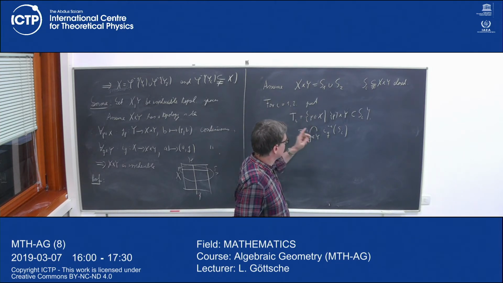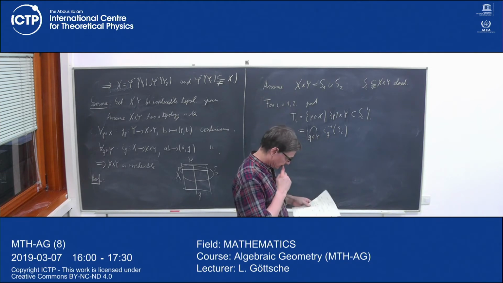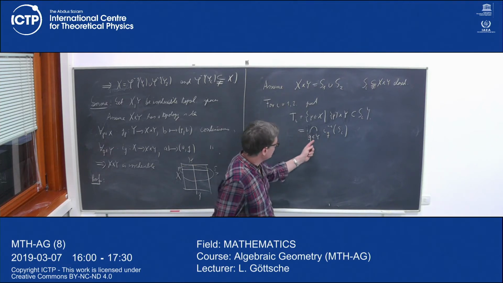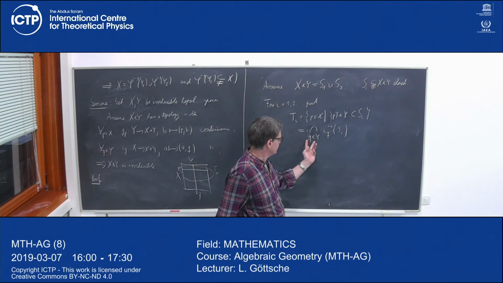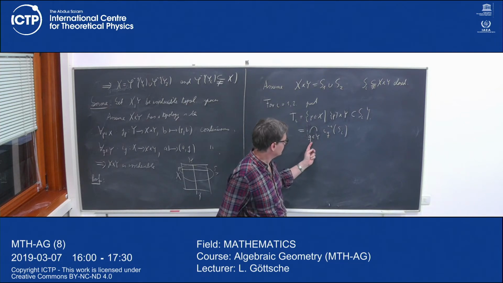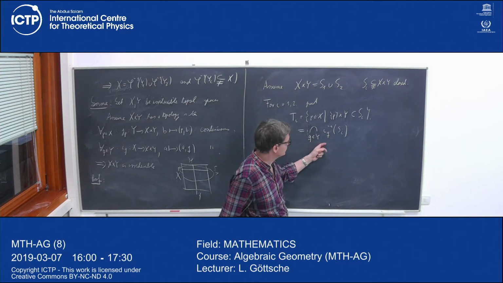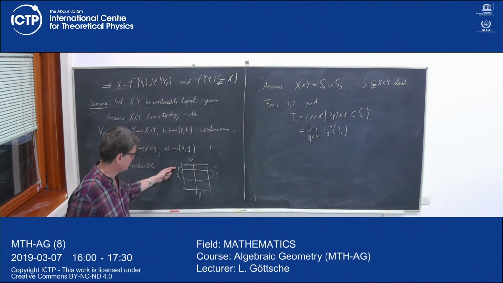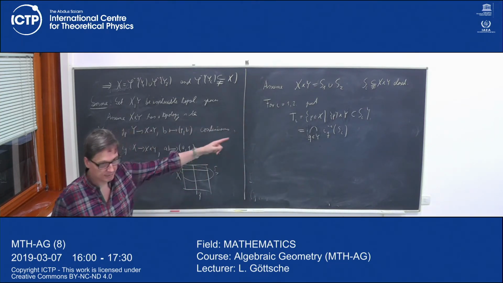Yes, this condition means that we want the whole fiber to lie there. That's precisely what the intersection over all q in Y means. i_q to the minus 1 means we look at all the points in X so that the whole fiber lies there.